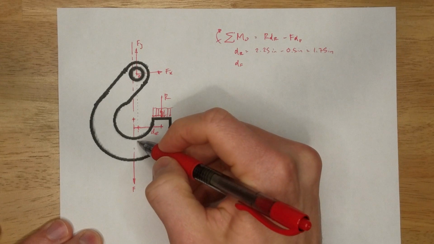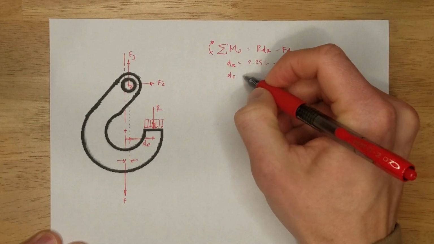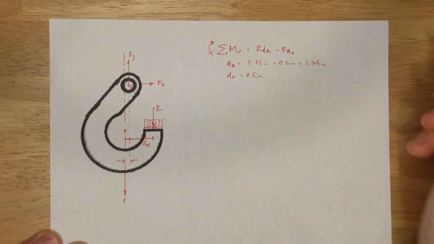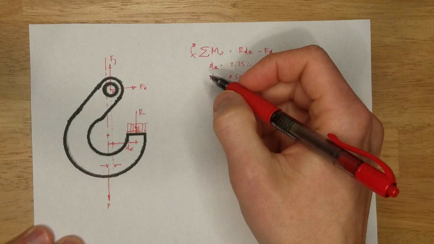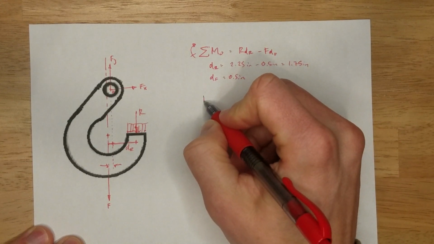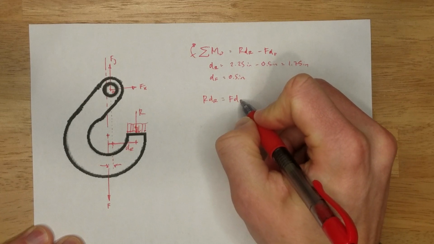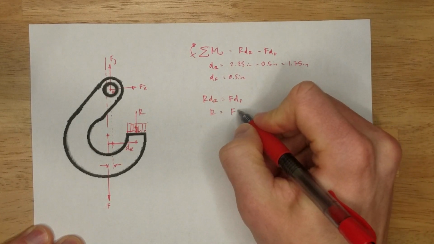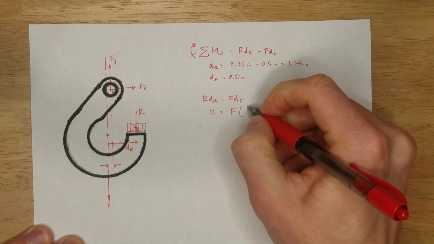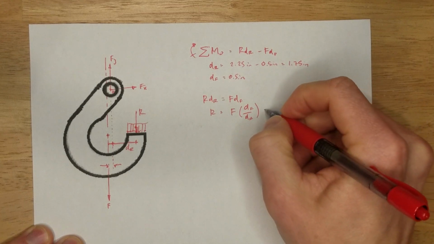That's given, basically. This distance here, that is 0.5 inches. Okay, good. Let's write that. I'm going to rewrite that equation like this. And then I'm going to solve for R. R equals F times df over dr. Let's put some numbers to it.